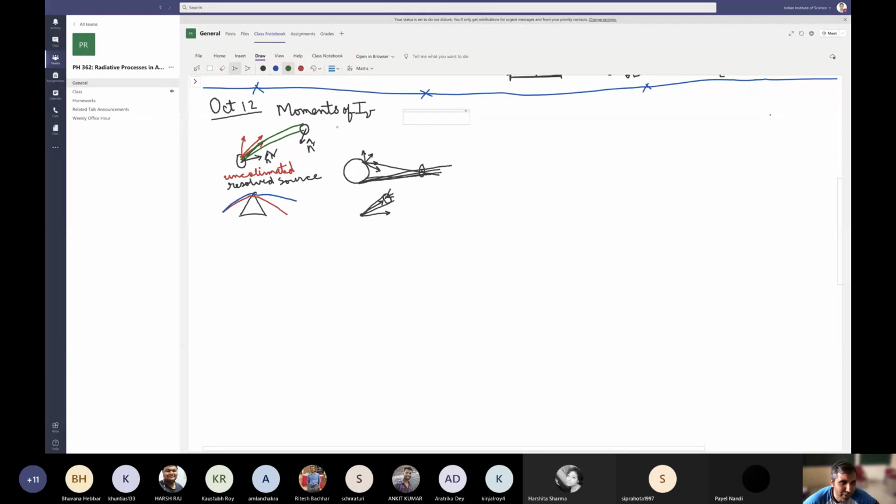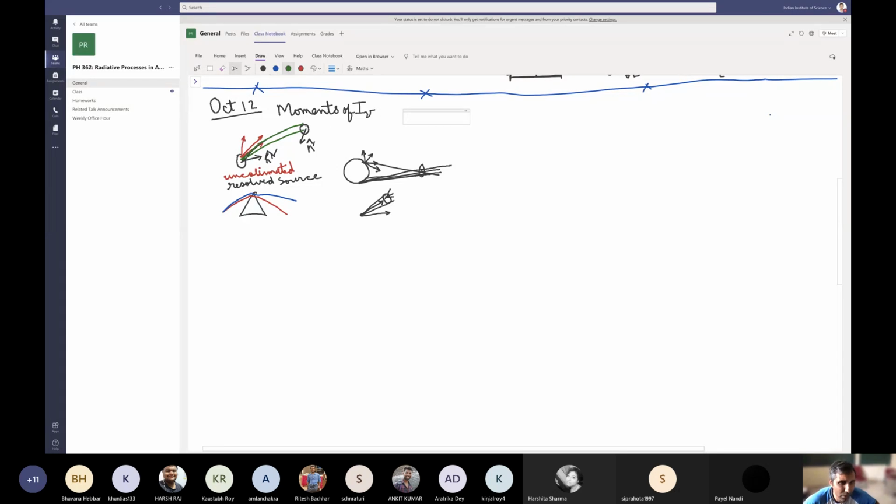This flux intensity is at a given position along a given direction. So it in some way depends on both this source area, the emitter area, and on the area of the detector.